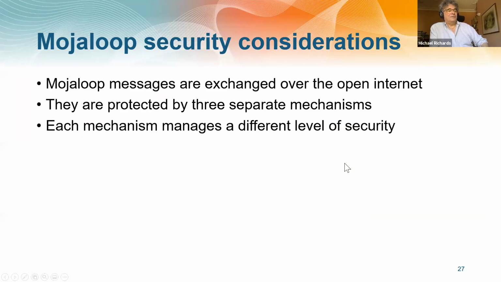So I'm going to talk a little bit about security now. So obviously, we're exchanging messages over the open internet. We don't use a VPN. We just use standard open internet. And that means obviously that we need to have better security than would be the case if we were working over a private network where people were able to trust each other to a much greater extent. We have 3 separate mechanisms for doing that, and each of these manages a different level of security.